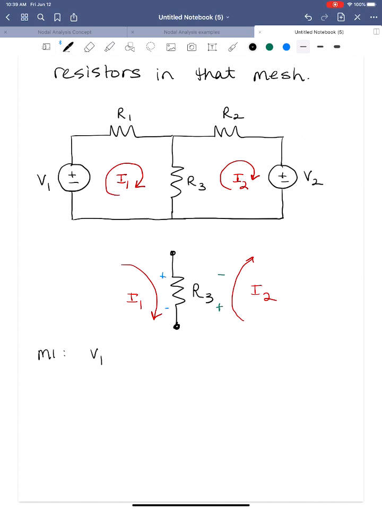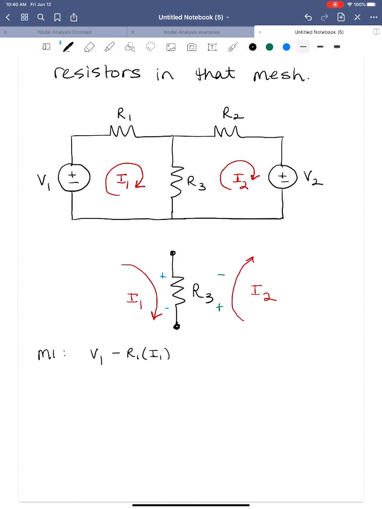Coming around to R1, whichever mesh I'm analyzing, that mesh current flows from plus to minus, so I'm going to subtract the voltage across the resistor. That voltage is R1 times the net current flowing through it, which is just I1, because R1 is on the outside of a mesh and only sees I1.